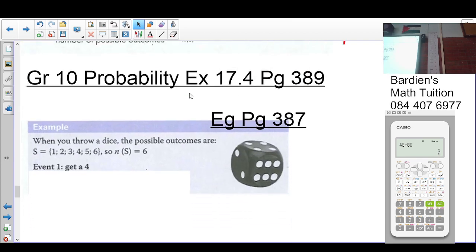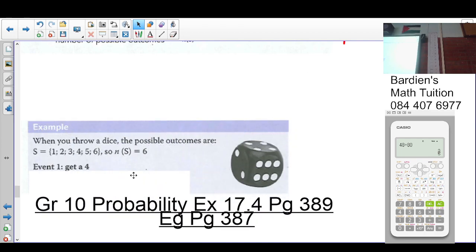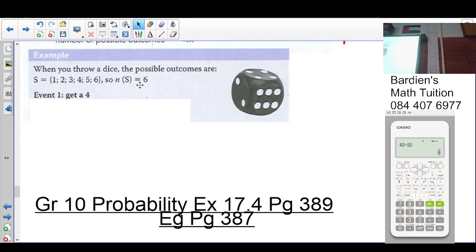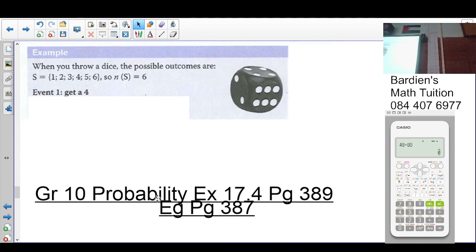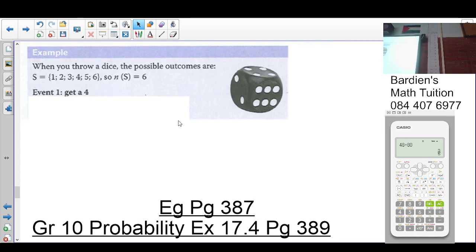So let's look at the example, and this example is on the same page. When you throw a dice, the possible outcomes are the numbers 1, 2, 3, 4, 5, and 6. So the number of elements in the sample space is 6. Now the event of getting a 4.